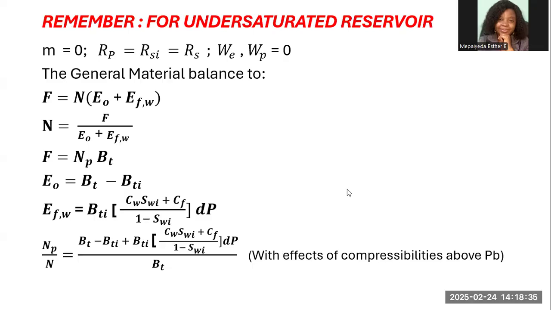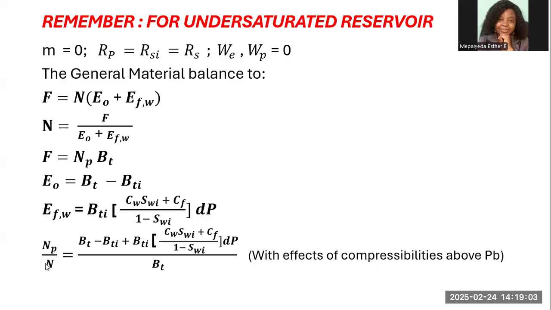Okay. So here, it's in two phase. You have gas and the oil phase existing. Okay. So you have your EO, BT minus BTI, your EFW examined as BTI, as this. And then your NP over N gives you this.